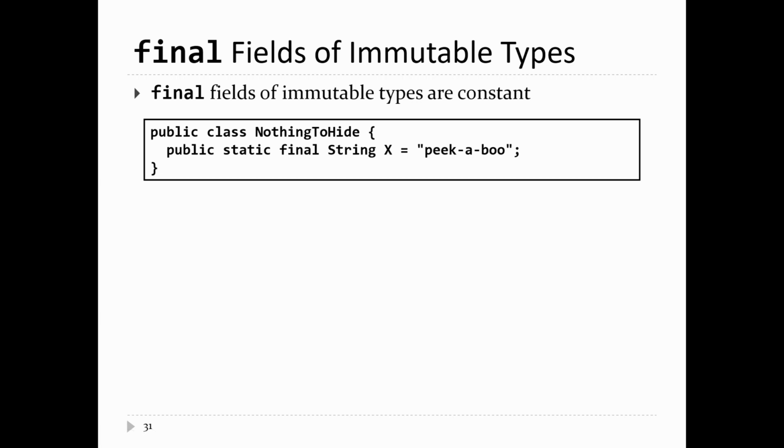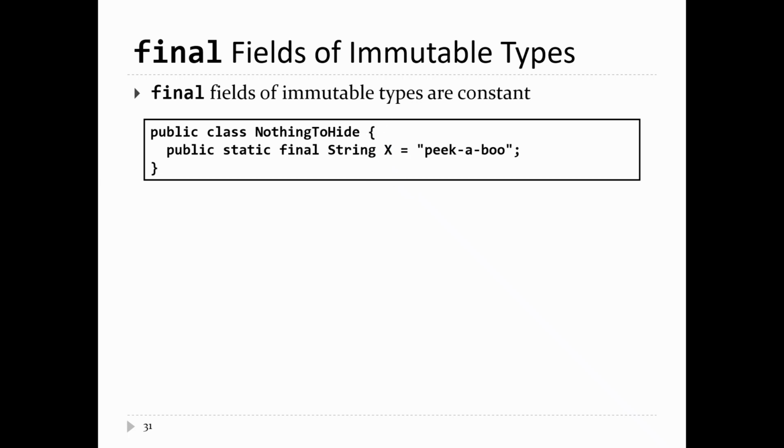Okay, if you have a final field whose type is a reference type, but it's also immutable, then x also refers to a constant object, is the better way to put it.